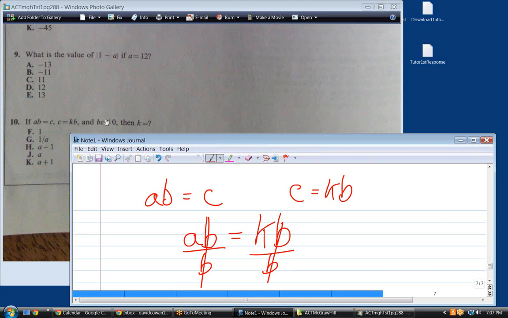And the only reason they have this here is because I can't do this if B could be 0. I can't divide both sides by B unless I know that B can't be 0. And when they told me that BC is not equal to 0, well then B is not 0, because 0 times any number is 0. So they're telling us that neither B nor C can be 0.